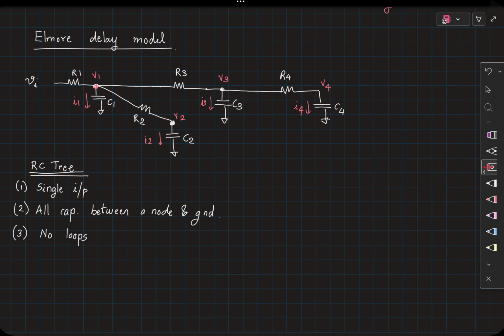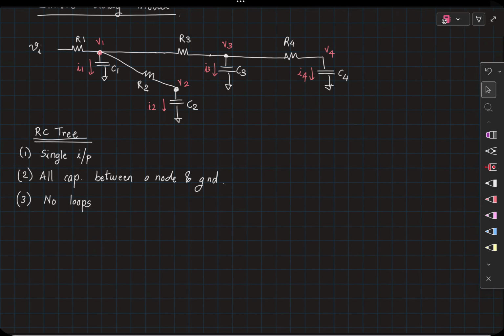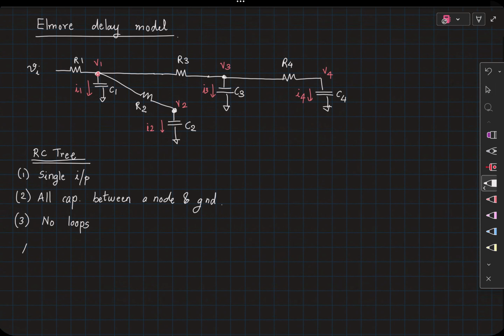So this Elmore delay model is not applicable to any RC network. It has to be an RC tree which satisfies these properties. And it turns out for most of the RC networks that you are going to model based on your digital circuit, you will end up with an RC tree and not a network with loops or capacitances between multiple nodes. Now let me list out all the assumptions you are making.